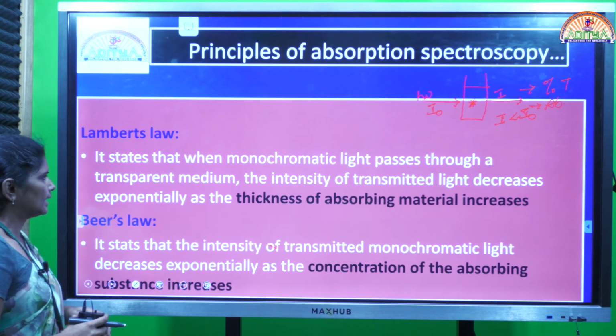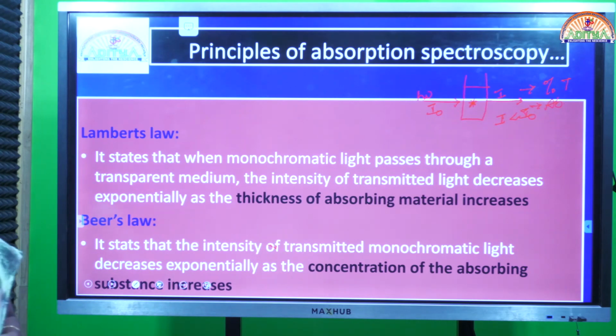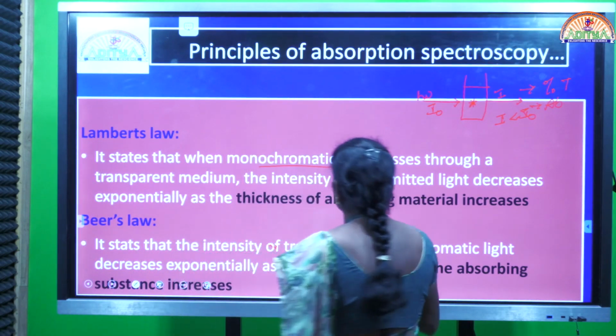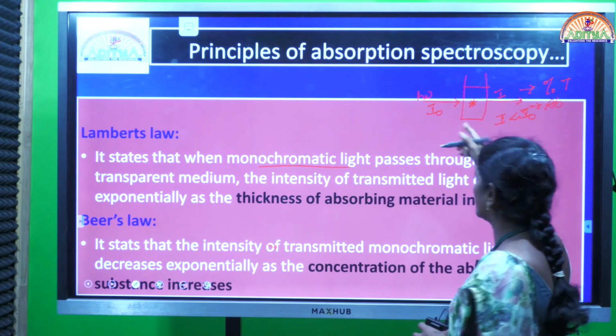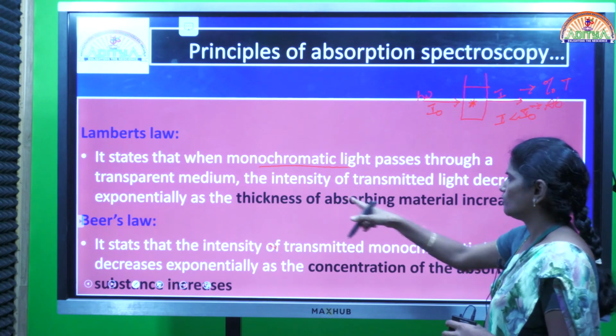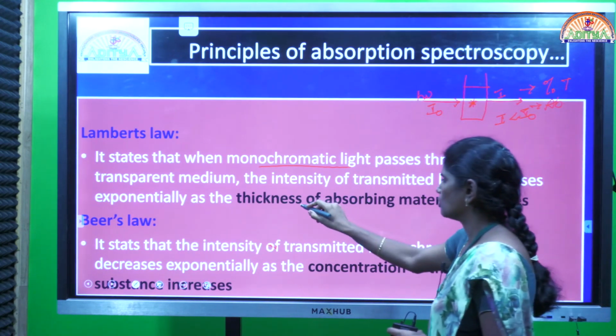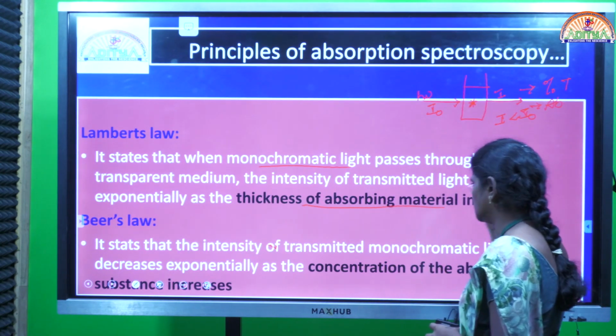Lambert's law states the relationship for monochromatic radiation when it is allowed to pass through a transparent medium: the intensity of the transmitted light decreases with respect to the thickness of the absorbing species.